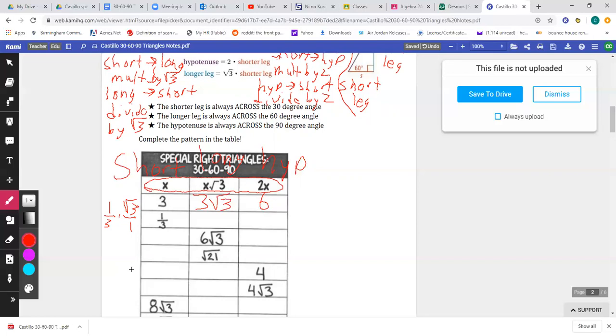And so here, it should just be √3/3. And then to get the hypotenuse, you take your short leg and multiply by 2. Well, what's 1/3 times 2? That's easy. It's just 2/3.